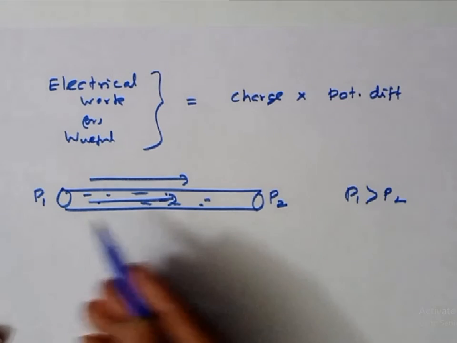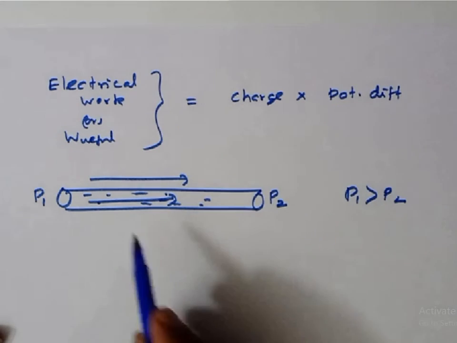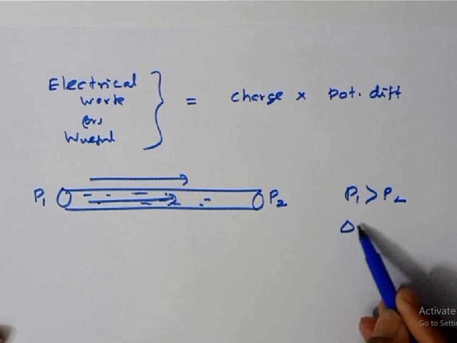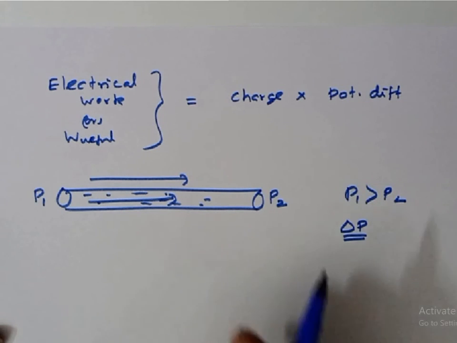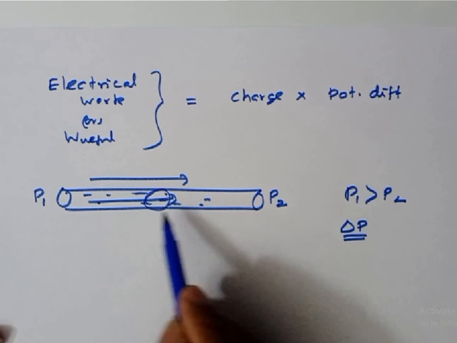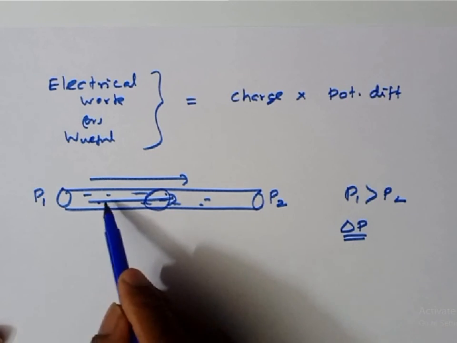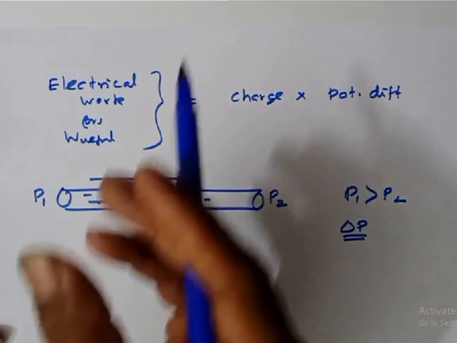Correct? When there is a pressure difference, then water will flow. So why does water flow? Because there is a difference in pressure. And how much work is done? It is nothing but what volume of water is flowing in the pipe. So the volume of water flowing times the pressure difference will give you the work.